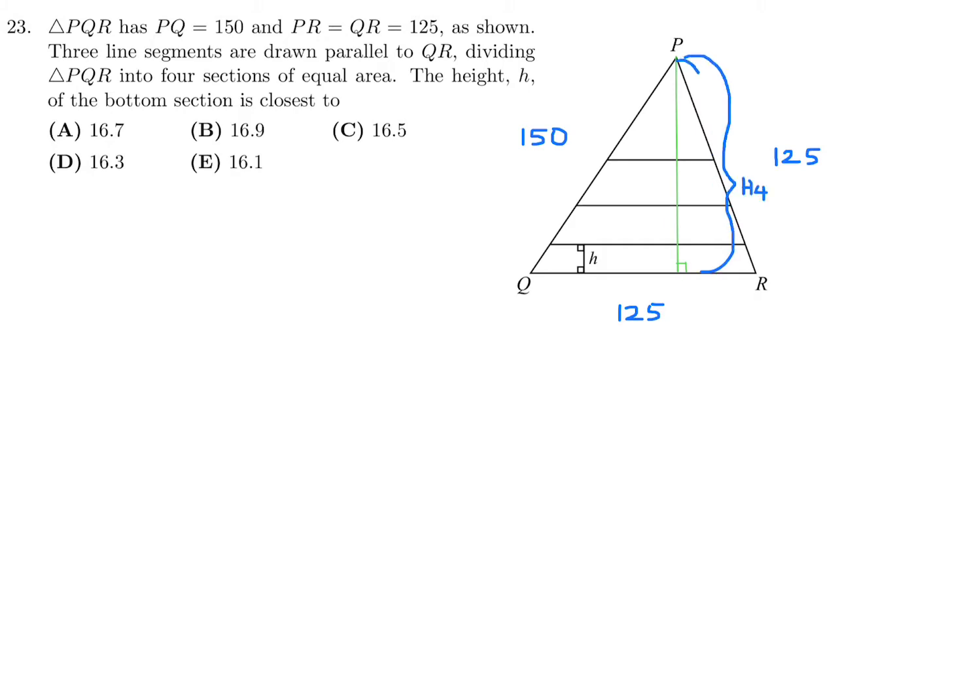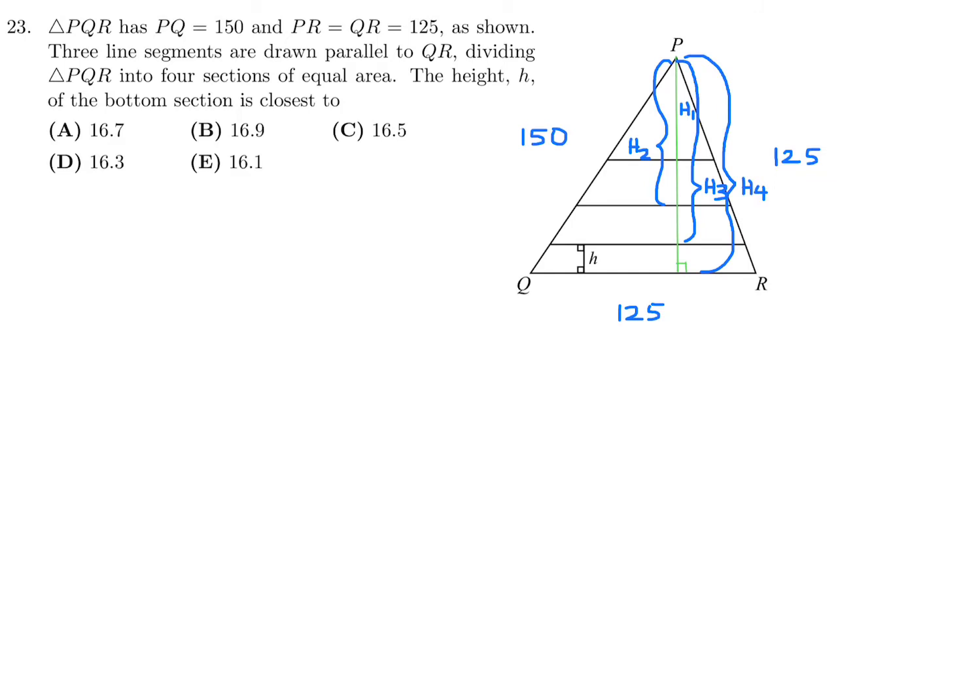And then the one that is going, I guess, just to this part right here, I will call H3. And then the one that is going to that part is H2. And then this one just from there to there is, I'll just call H1. So I hope that makes sense.